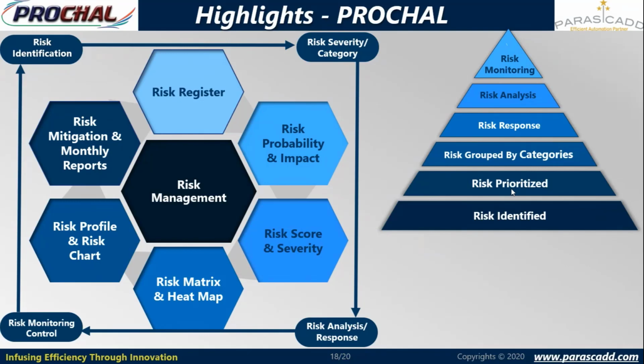Risk probability and impact we can calculate. We can calculate the risk score and severity by doing an assessment. We can monitor the risks by viewing the risk matrix and heat map. We can see and print the risk profile in the risk chart. We can prepare a risk mitigation plan and monthly reports.